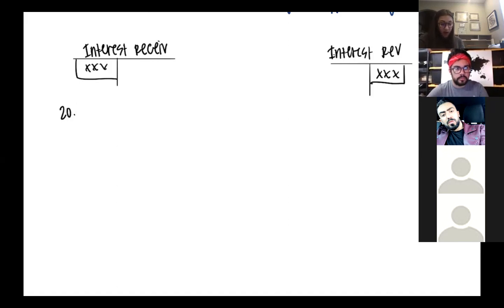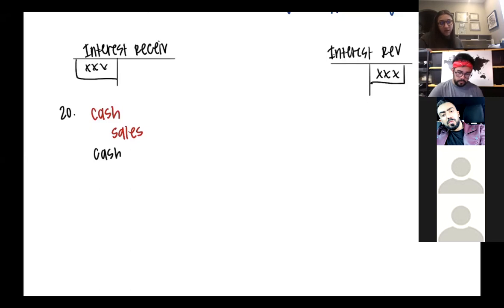So debit cash and credit what? Sales. Yep. And what should they have done? What actually happened? The actual one would be cash debit, and then I'm not sure what goes on the credit.